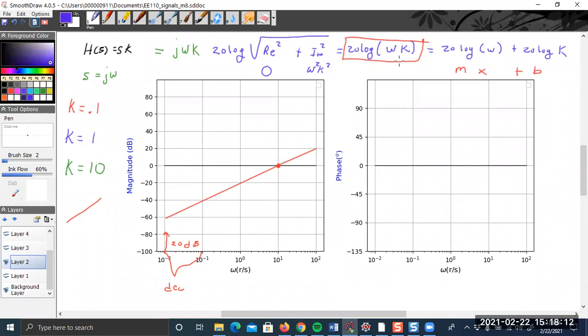Now, what makes omega K equal to 1 when K equals 1? 1, so 10 to the 0 is 1. That means we're going to be at 0 dB here. And because I have experience, I know that these lines are all going to be parallel. So I can just draw it like that. And then 0.1 times 10 equals 1, so I know this is going to be where it's 0 dB.